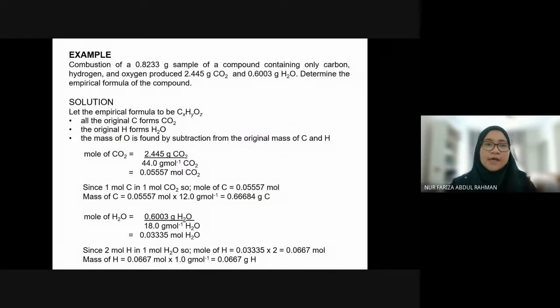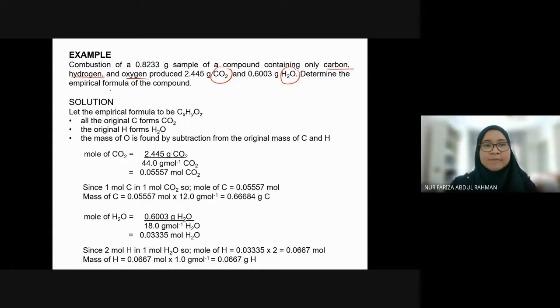We have one example here. Combustion of a 0.8233 gram sample of a compound containing carbon, hydrogen, and oxygen. This sample will be burned, and it produces products named CO2 and H2O.